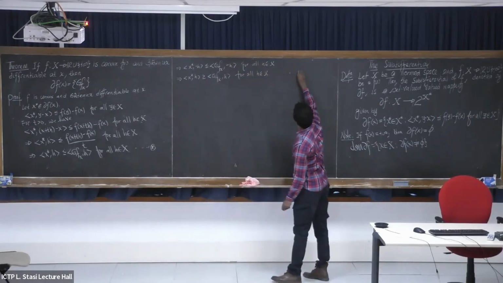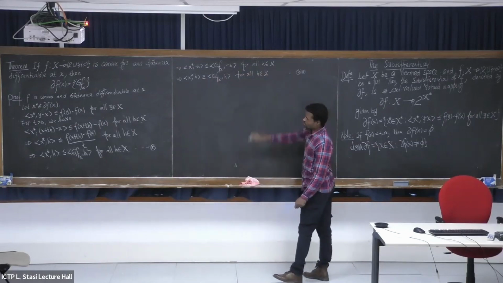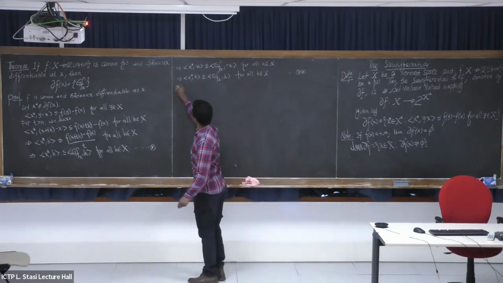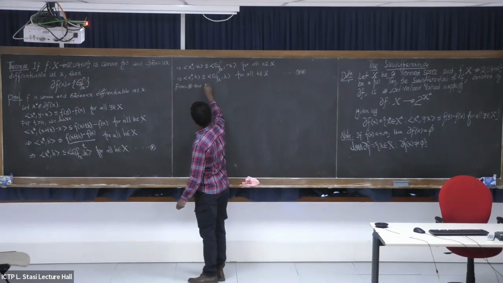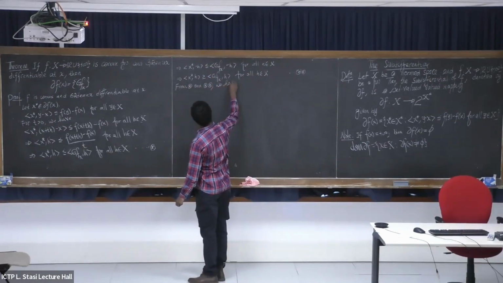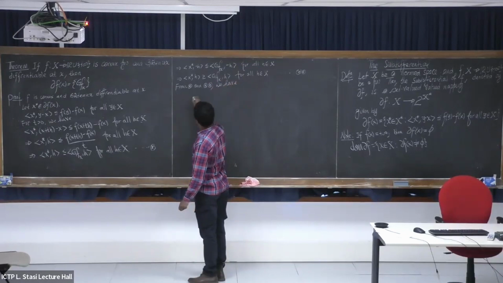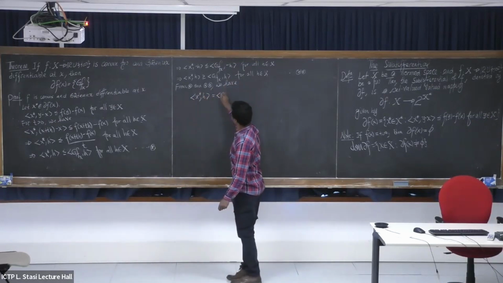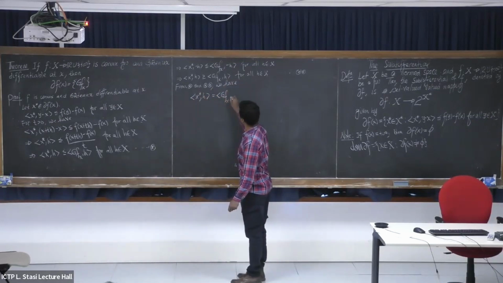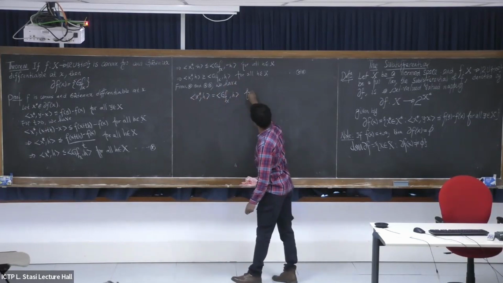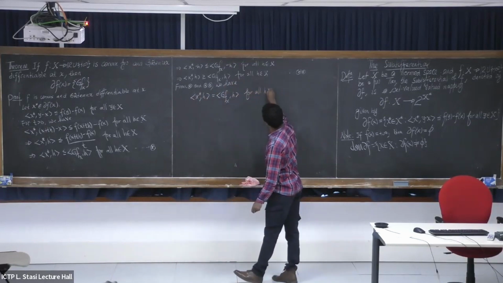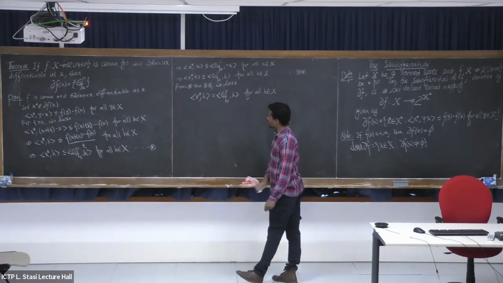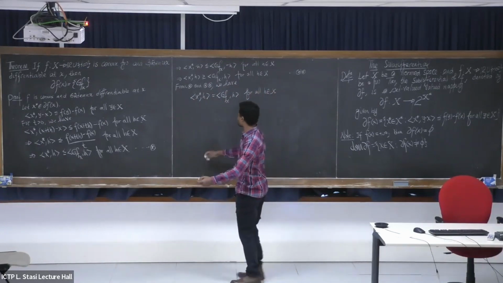From star and double star, we have that x star of h equals the Gateaux derivative of f at x in the direction h, for all h in X.